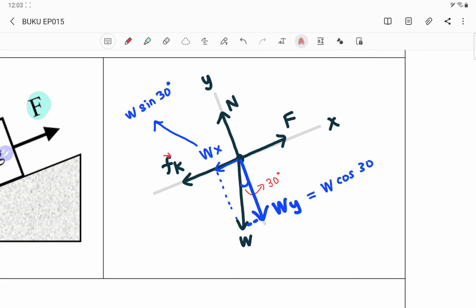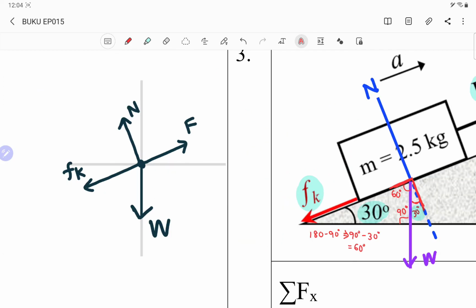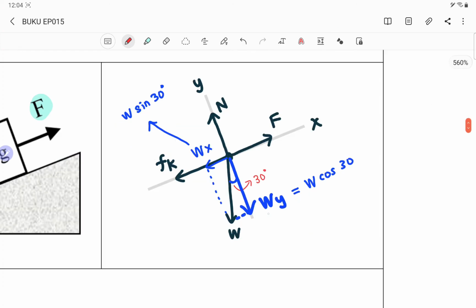Okay, sebab tu kita buat paksi kita sengit supaya kita kena resolve satu sahaja vektor. Okay, kalau kita buat kita punya axis straight macam biasa, kita ada 1, 2, 3 vektor nak kena resolve. Instead of this one, kita perlu resolve W sahaja.